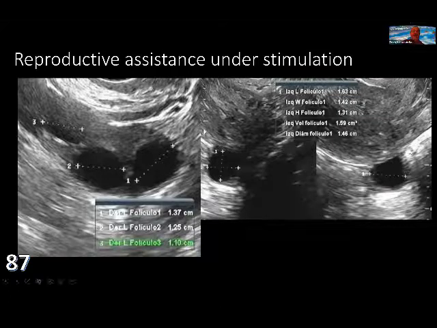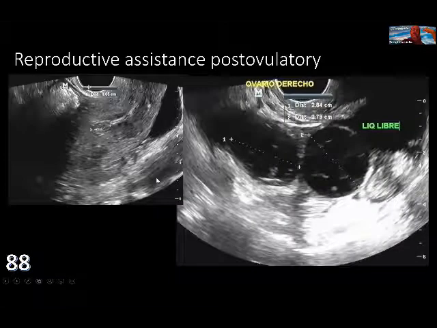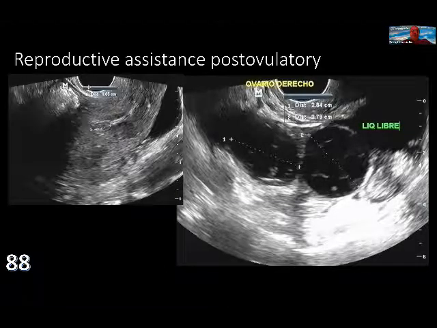Now under stimulation with follicular growing and post-ovulatory. Remember that I told you about the luteum cyst, hemorrhagic cyst. This is how blood inside the ovary looks like.